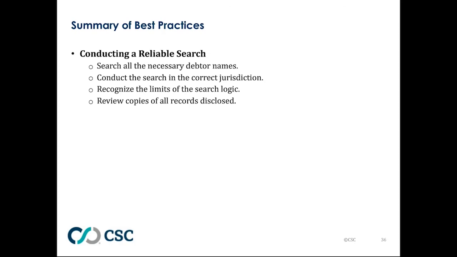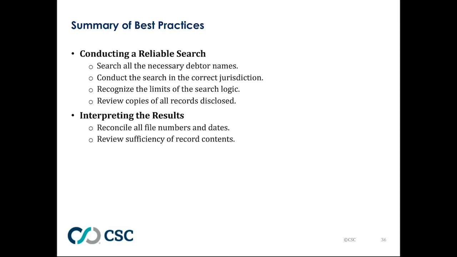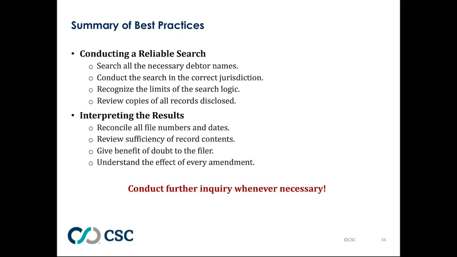When interpreting the results, reconcile the file numbers and file dates with lapse dates. Review the sufficiency of the record contents, but be sure to give the benefit of the doubt to the filer until after having conducted further inquiry. Make sure to understand the effect of every amendment, and above all, be sure to conduct further research beyond the public record whenever necessary to resolve any ambiguities.